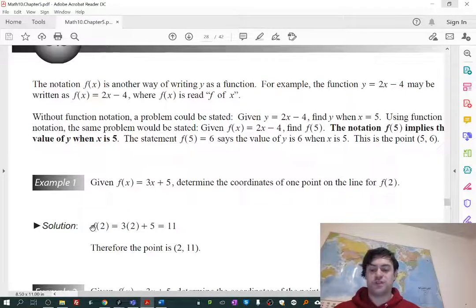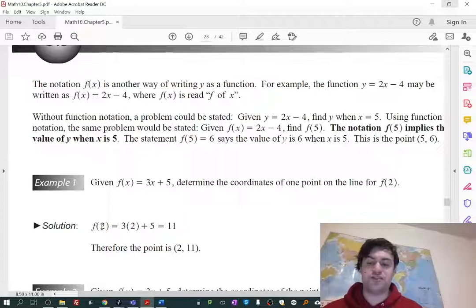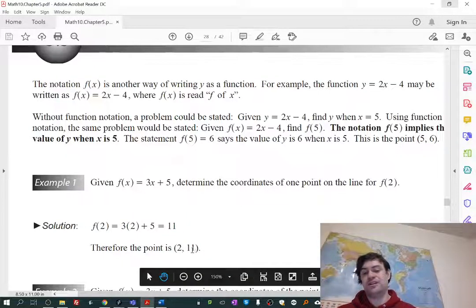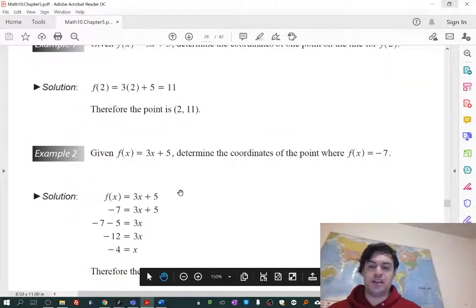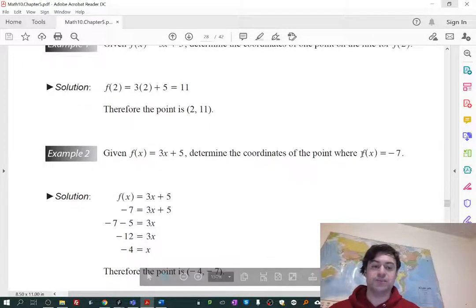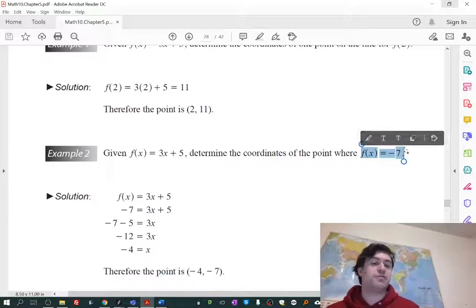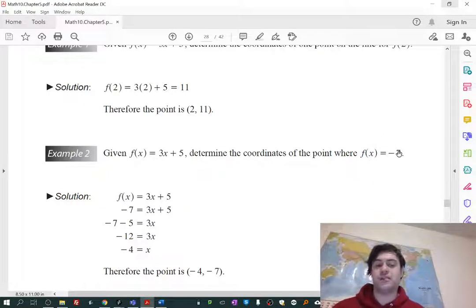If x is 2, they plug in 2 for the equation, and they get 11. So there's our point. We'll see that if we say f of x equals negative 7, what we're saying is y is negative 7. What's x? Find x.